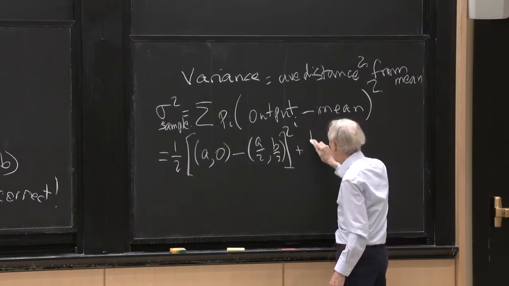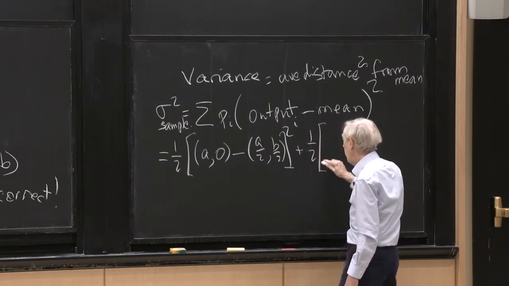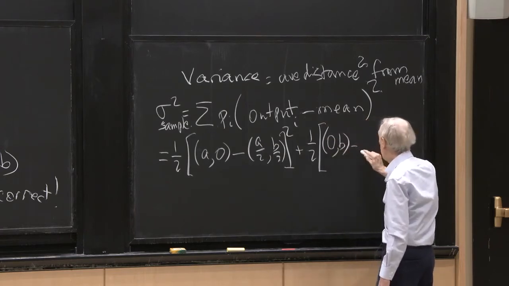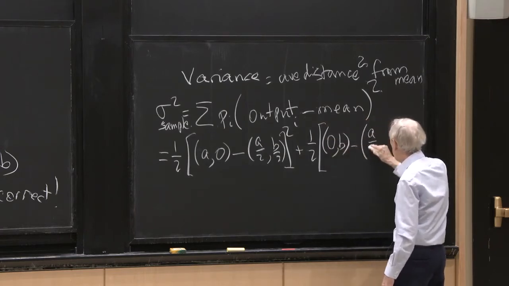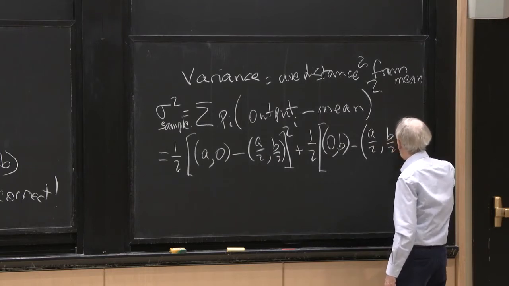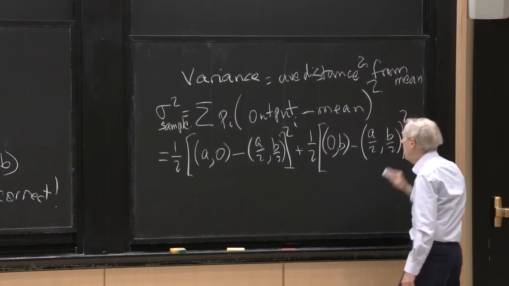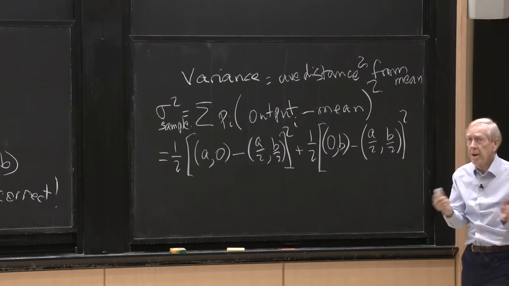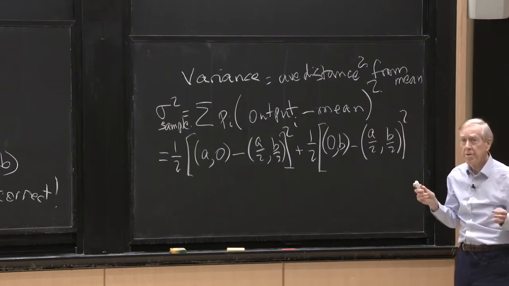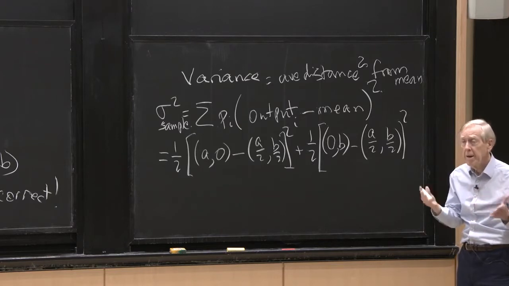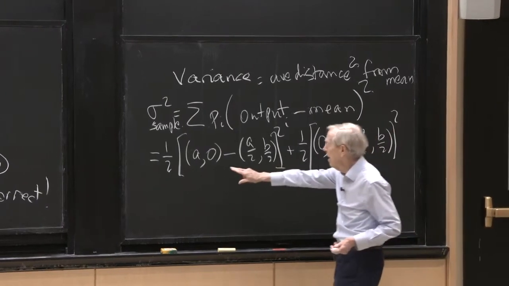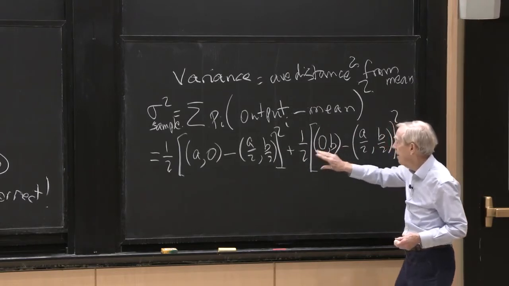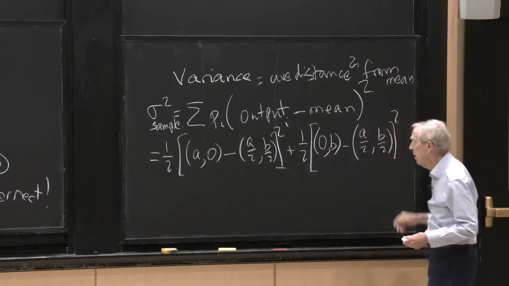And the other one, which I'm also doing with probability 1/2, is in case I picked 0B. You see, I'm not getting 0 for the variance because I'm making an error every time. I'm never getting the correct A0 or the correct 0B because I'm always doing this one in the middle.